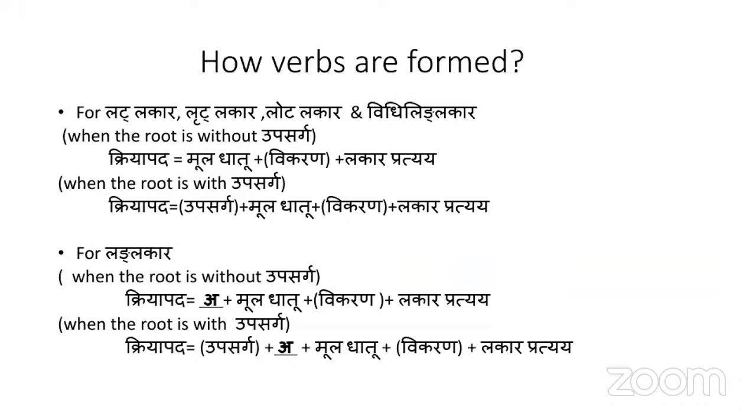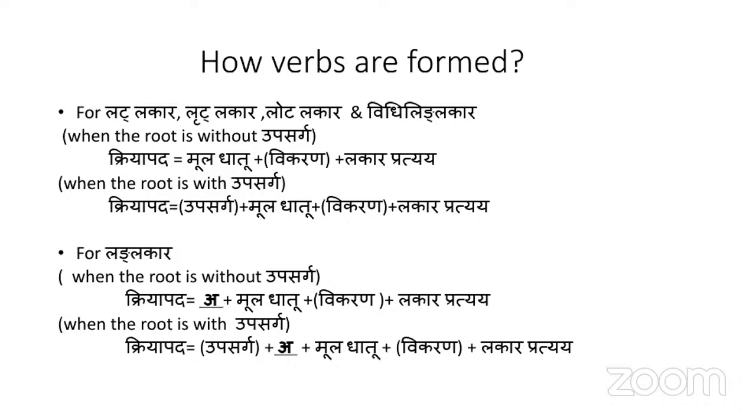Then how is the form formed? See, kriyapada means form. Kriyapad is equal to mool dhatu, means basic root, plus vikaran plus lakar pratyay. Any lakar pratyay of the given lakaras: lat lakar, lud lakar, lod lakar, or vidhiling lakar.